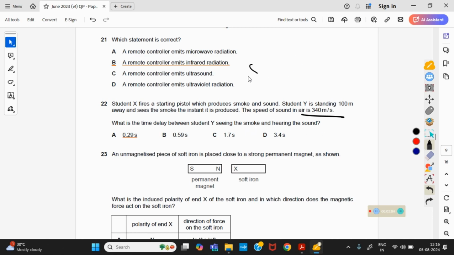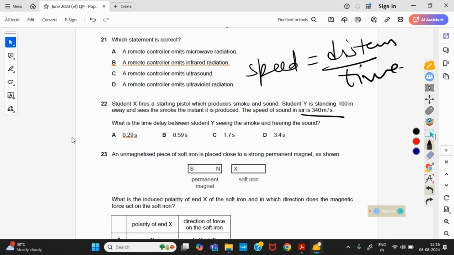So we know that speed is equal to distance divided by time. Let's suppose here is student X and Y is standing 100 meters away from X. When X fires a pistol and produces smoke, Y sees the smoke the instant it is produced.